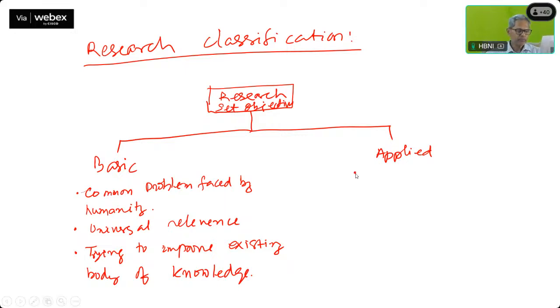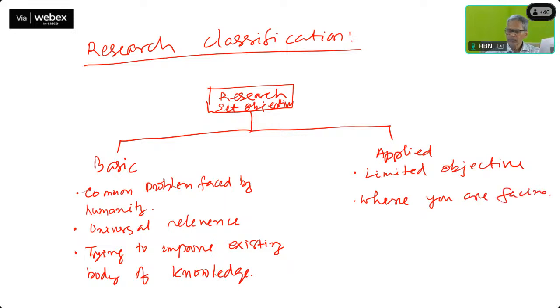Similarly, applied research has a limited objective. While basic research addresses a common problem faced by humanity, and can affect the whole of humanity, applied research has very limited objectives, where you are facing a problem and trying to solve it. In an organization like the Department of Atomic Energy, major activities are applied.